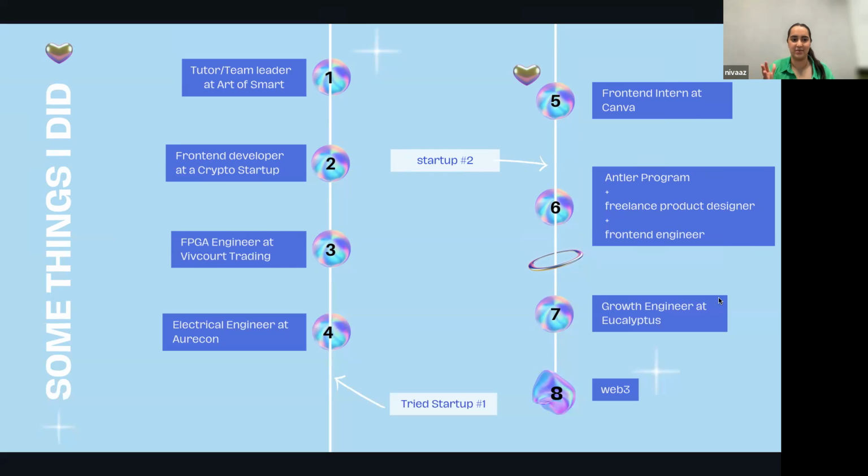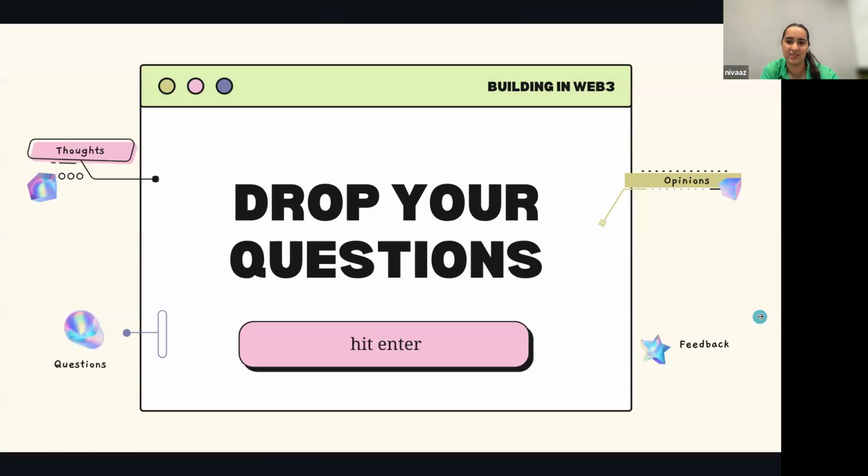I'm also currently working at Immutable as a growth engineer. I've tried to launch 2 startups in the past. One was to automate the role that I did in consulting, and the second was around rewards and discovery in the creator economy. If you have questions about that, I can definitely talk more about it down the line.